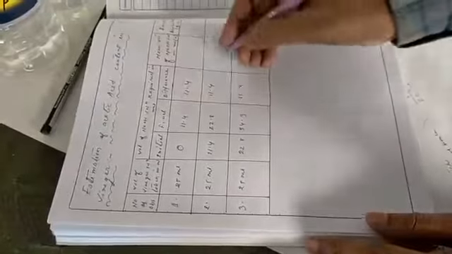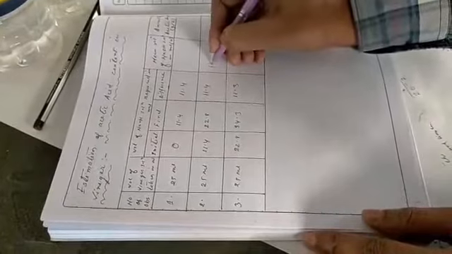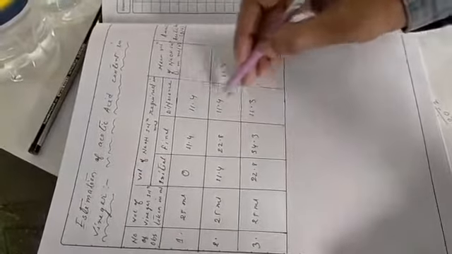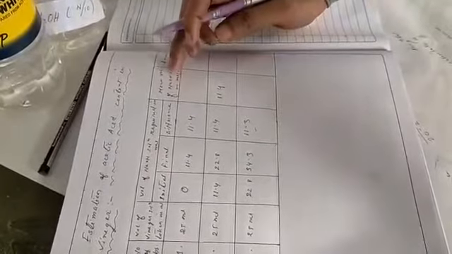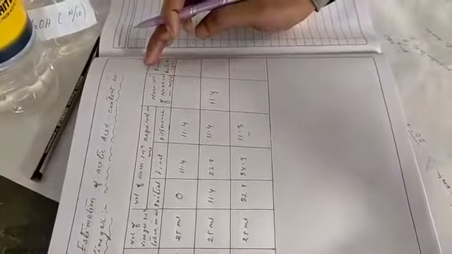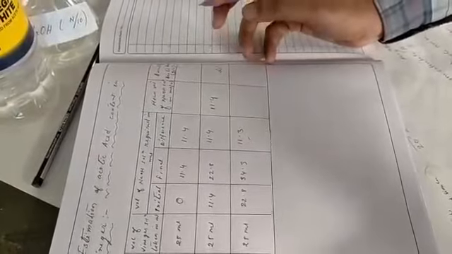Here the concordance value is 11.4. Yes, 2 readings are similar and another reading is different. Finally, you have to calculate the amount of acetic acid present in the supplied sample. Okay, thank you.